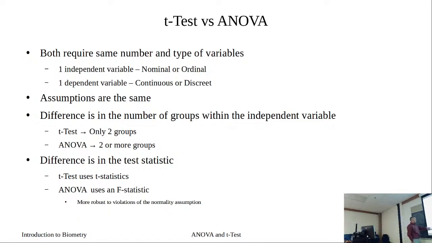Because we're using the f distribution, ANOVA is more robust to violations of our normality assumption. So if we are slightly non-normal, ANOVA is going to do just fine, whereas a t-test might not. If we meet all of our assumptions and we only have 2 groups, we'll get the same p-value for both. If we violate the normality assumption, ANOVA is going to be a little bit better.